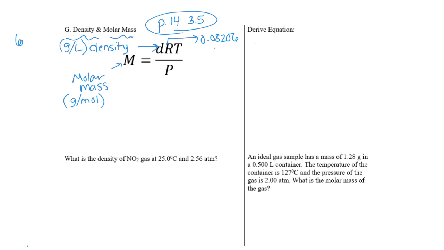And the units for that are atmospheres times liters over mole Kelvin. Since that's in liters, we also need our density to have units of liters. T is going to be our temperature in Kelvin, of course, and P representing our pressure. That pressure needs to be in atmospheres. So all the units that we're plugging in here, we need to make sure that we match our units for our R value.